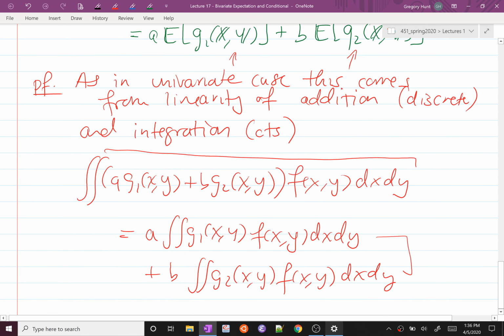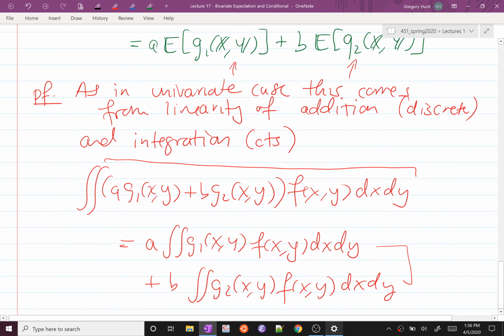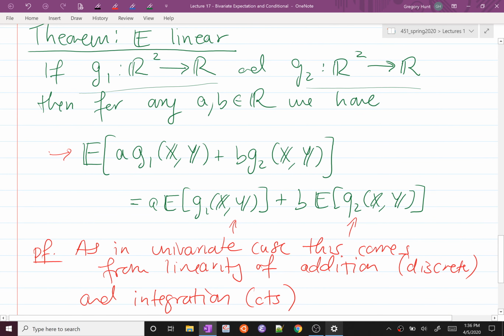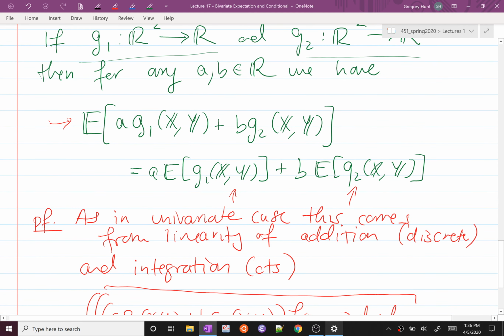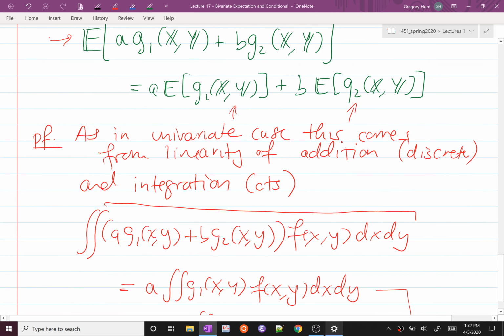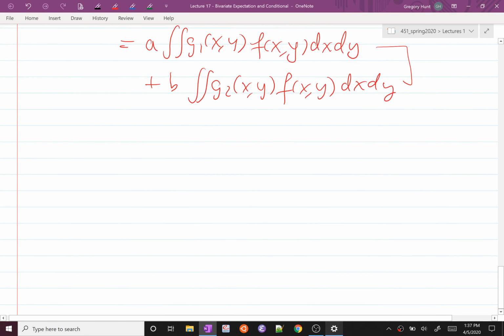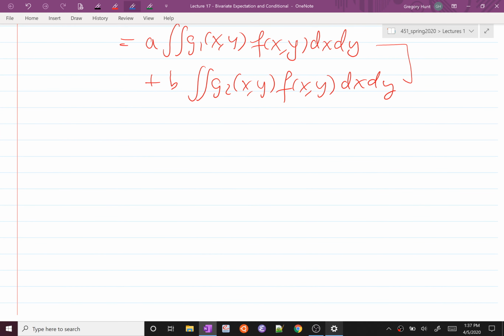And you can imagine you can replace integrals with sums in sigma notation. It's all going to go through in the same way. So the same as the univariate case, the theorem basically says that for anything that's a linear combination, we can nicely distribute expectation over it. And g1, g2 don't have to be linear functions, but the addition sign and the multiplication don't pose a problem for expected value, even in the bivariate case. Okay. So that's a nice theorem.